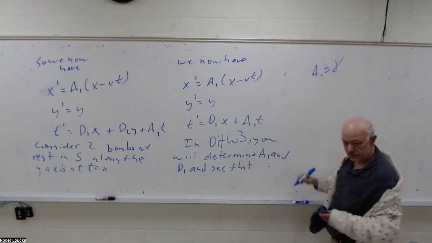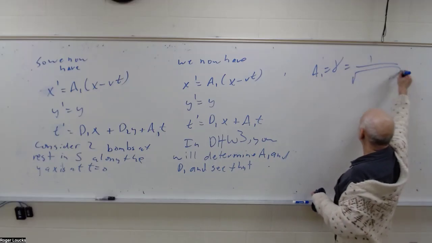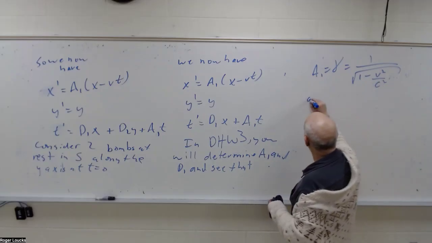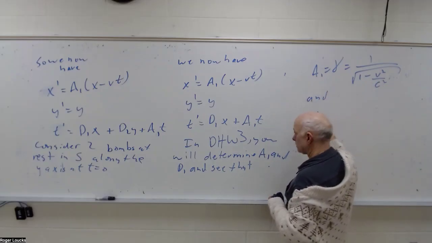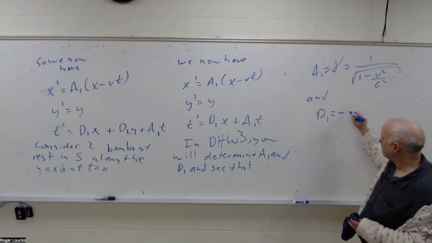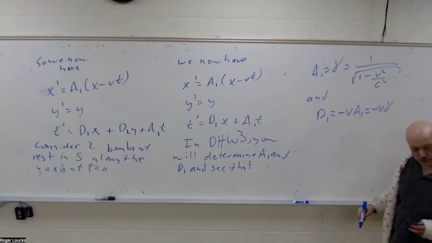A1 equals gamma, where gamma is 1 over the square root of 1 minus v squared over c squared, and D1 equals minus v gamma over c squared.